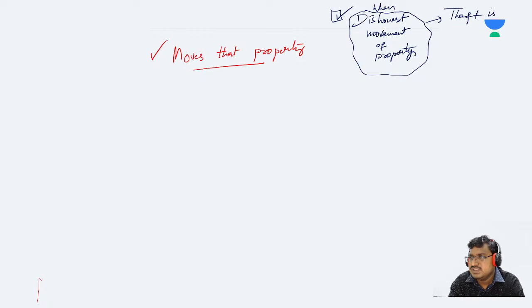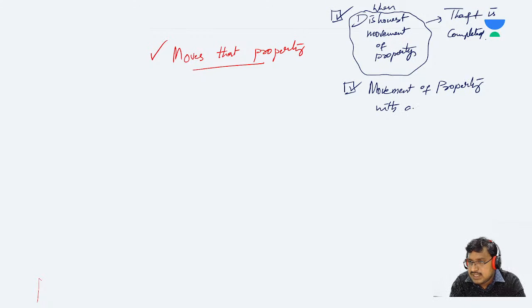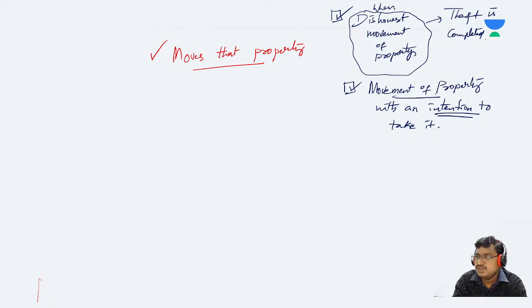The offense of theft is completed, friends. This is one important point. Here, there must be a movement of the property with an intention to take it. These are the ingredients as to moves that property.